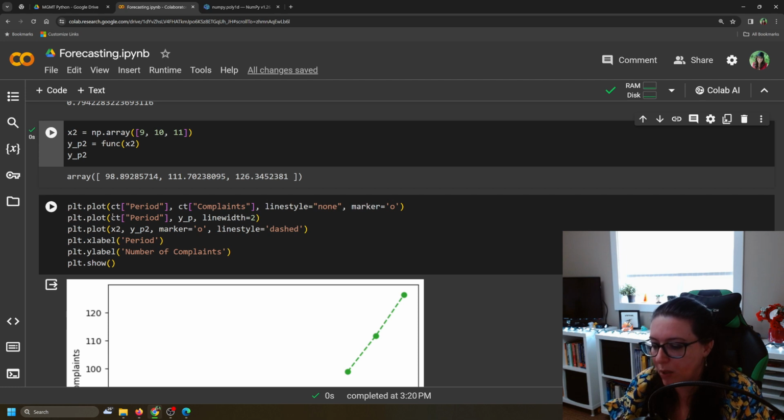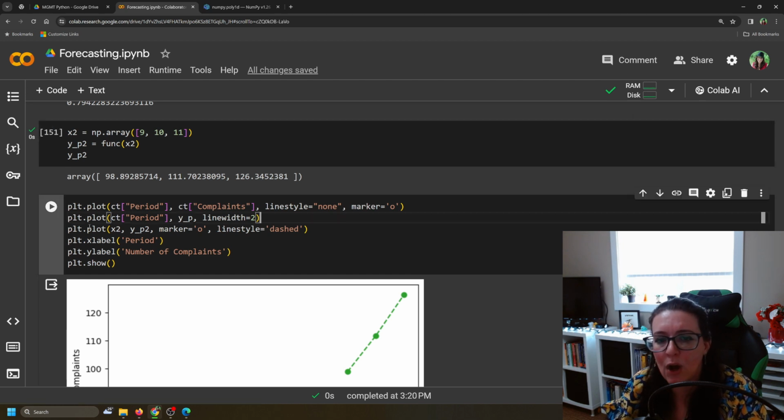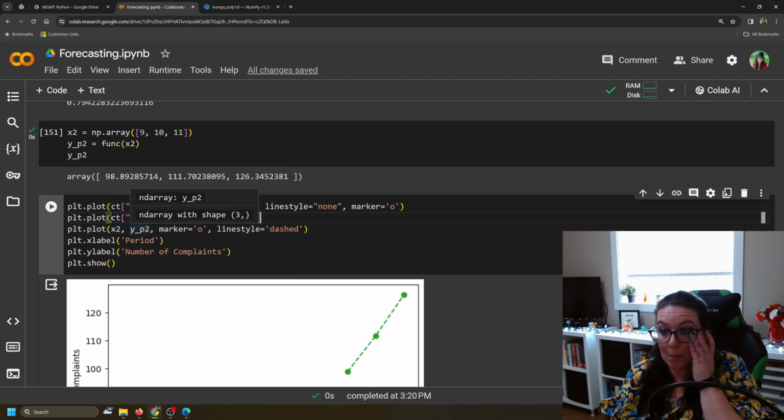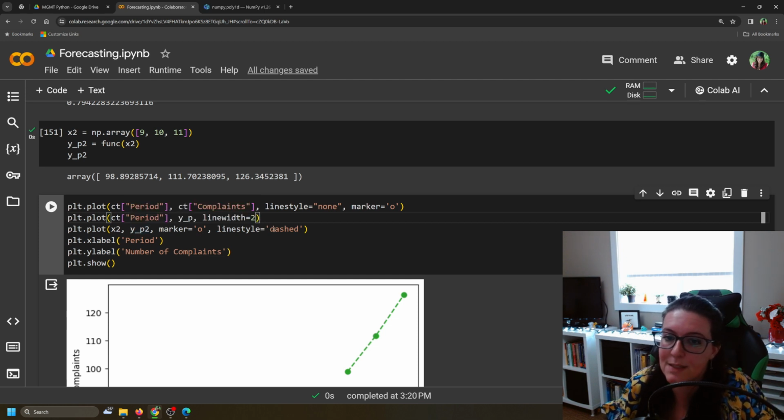Then let's plot the number of periods times the predicted y's that came from our polynomial of degree 2, and let's make it a nice thick line so we can see that predicted model. And then let's also plot the new values for our periods 9, 10, 11, and the predicted complaints that go with them. Let's make those dots, and let's add a dashed line so we can see those.